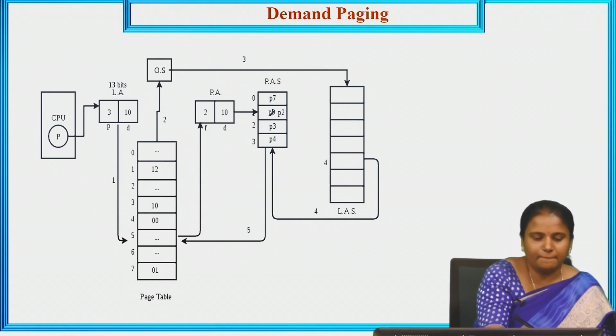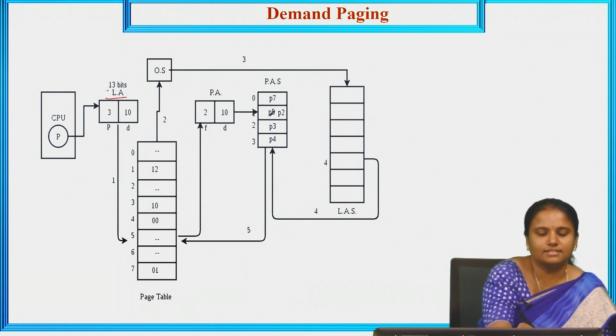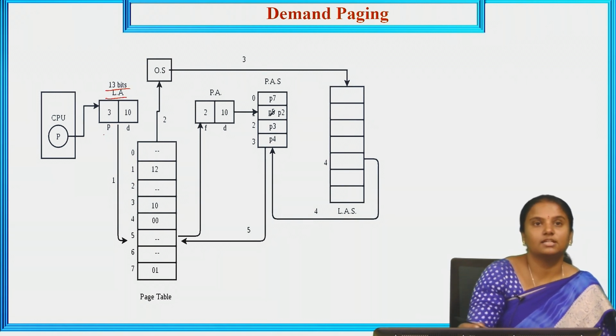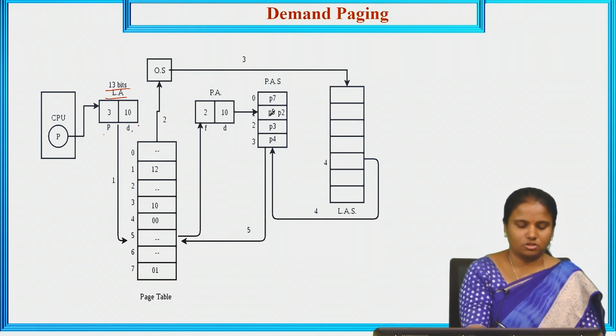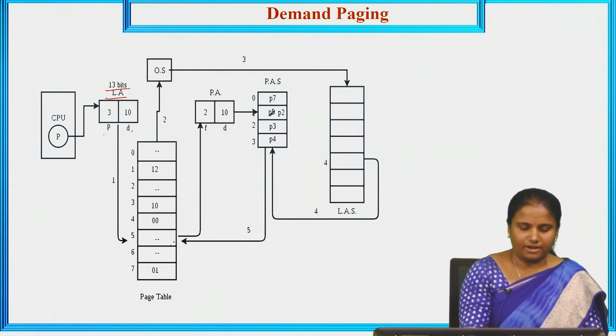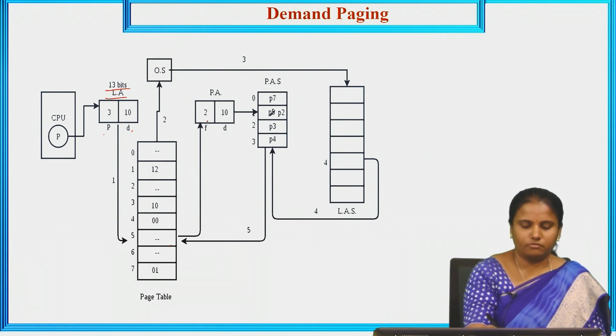Here the logical address is 13 bits, the page number is 3, and the page offset is 10. We map it to frame number 5 with the same page offset.